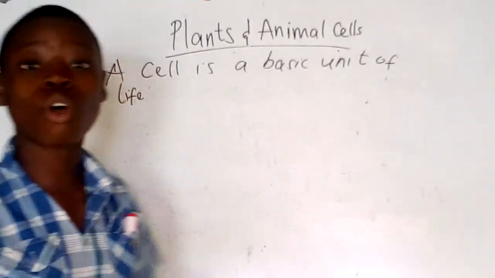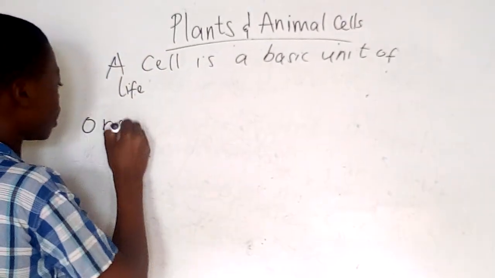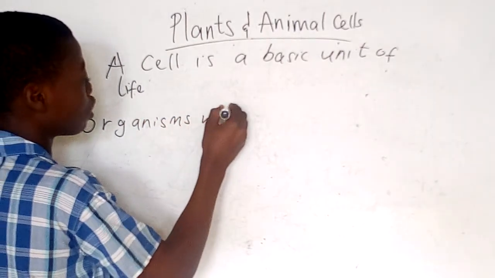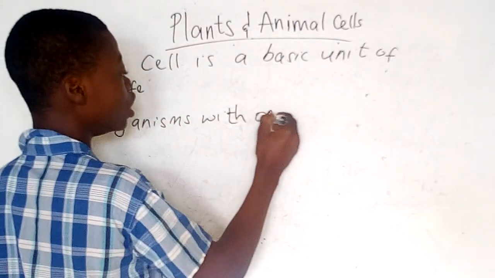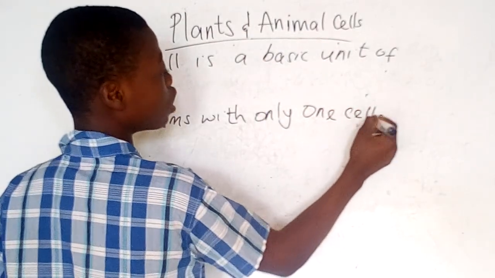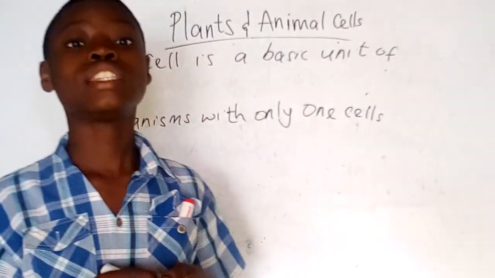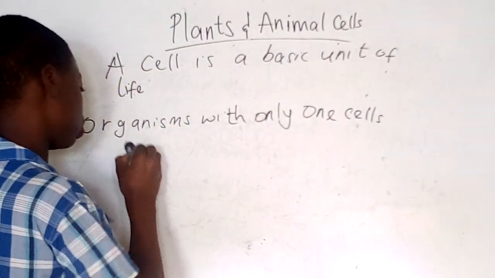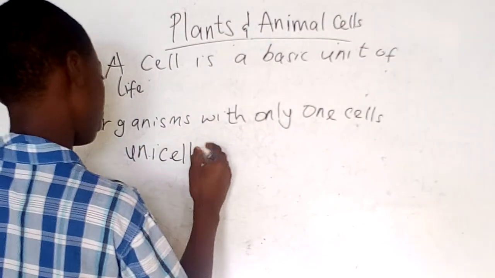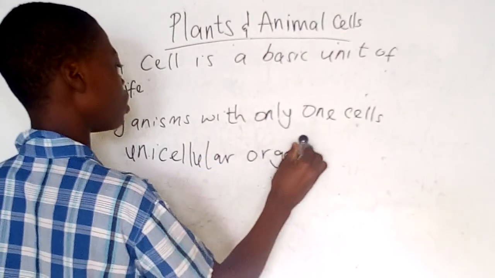Okay. We have organisms with only one cell. Organisms with only one cell are termed as unicellular organisms.